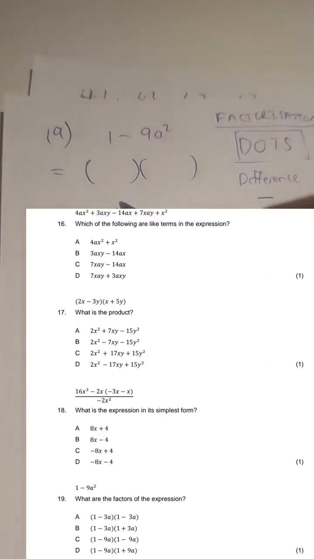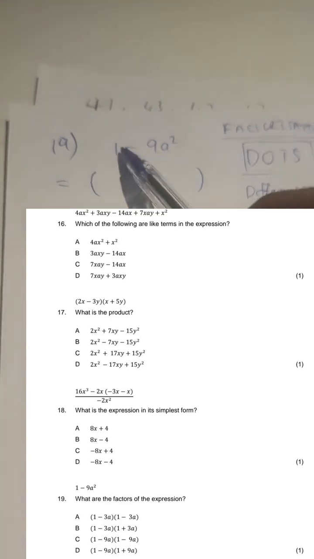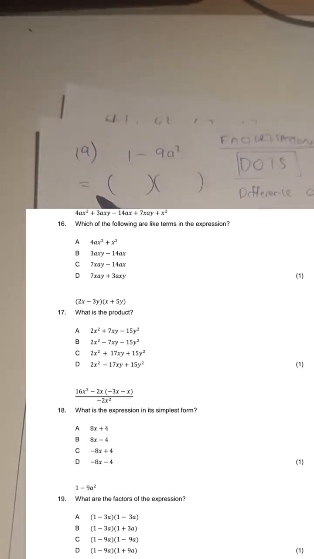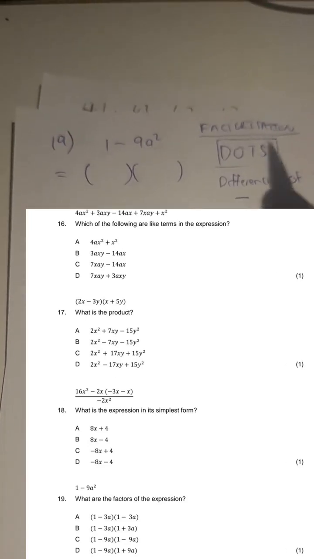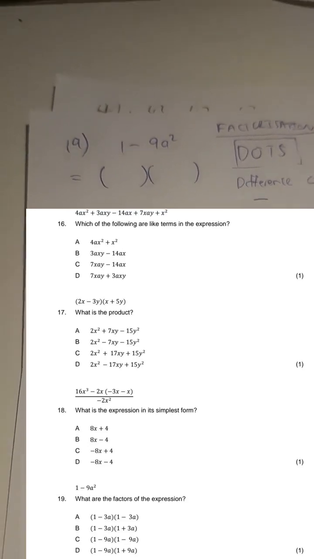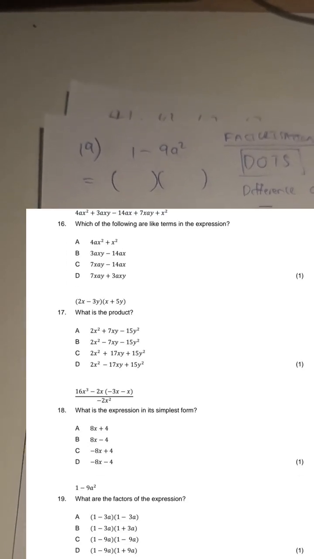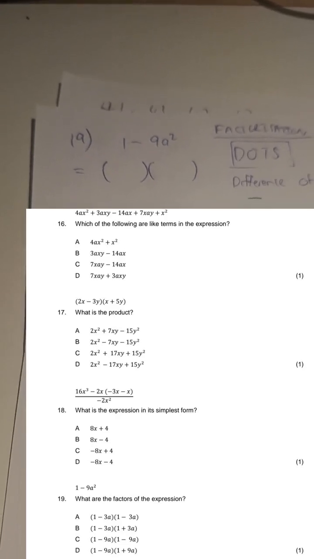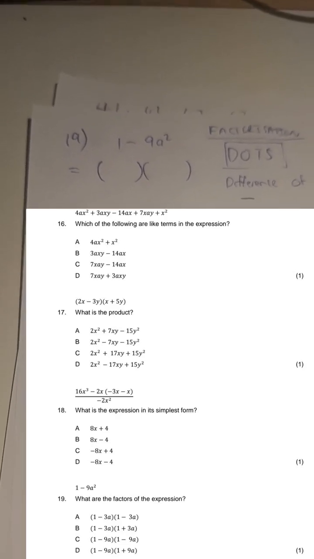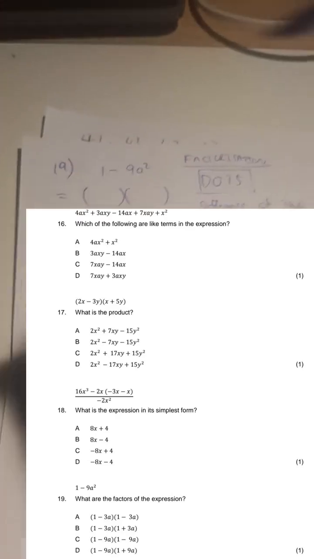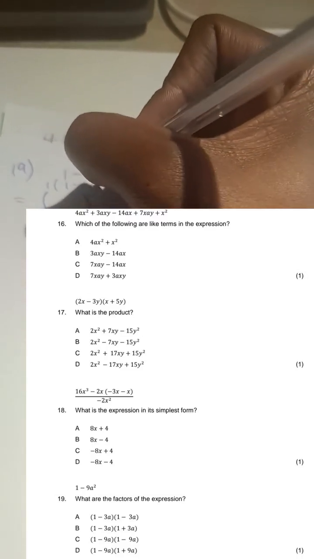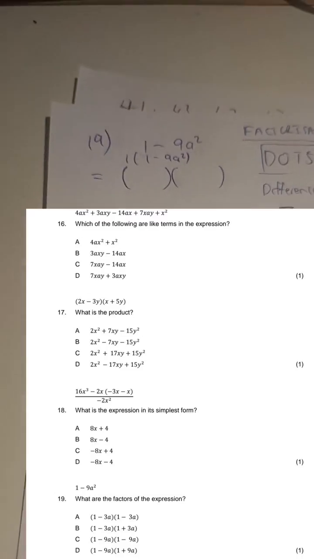All we simply do is we open 2 brackets because we can see that the highest common factor is 1. So that allows us to open 2 brackets immediately if the highest common factor is 1. But if the highest common factor is another number, we take out that number and first write down the terms that result because of taking out the highest common factor. In this situation, the highest common factor is 1. It still leaves us with 1 minus 9a squared.